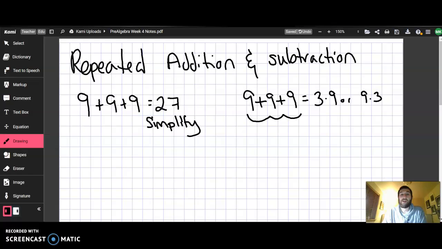So repeated addition is multiplication, like we talked about that very first week. So 3 times 9, or 9 times 3, does equal 27, but rewriting as multiplication is different than simplification. So let's take that and apply it to some variables here.